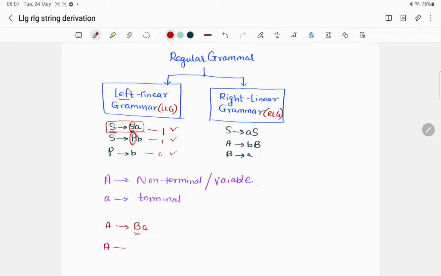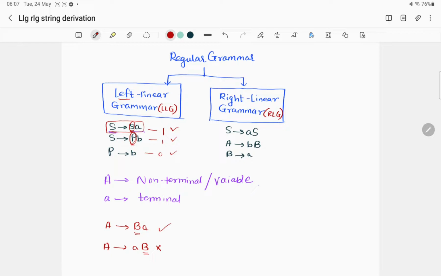But if I say A giving aB, it is not left linear. Why? Because here the non-terminal is coming on the right side. If I have any non-terminal, it should come on the left side only. I hope you are clear with the left linear grammar.